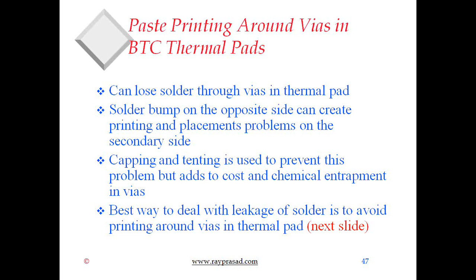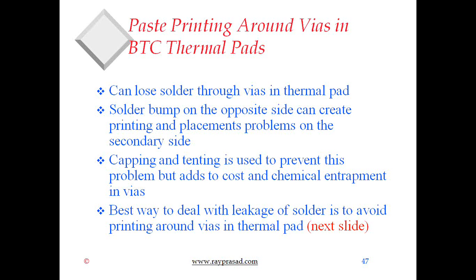Capping and tenting is used, meaning you can put some solder mask over them or inside the hole. Sometimes plating is done, plating it shut. But anytime you do the capping and tenting, there's a problem of sort of entrapping a chemical inside the hole.